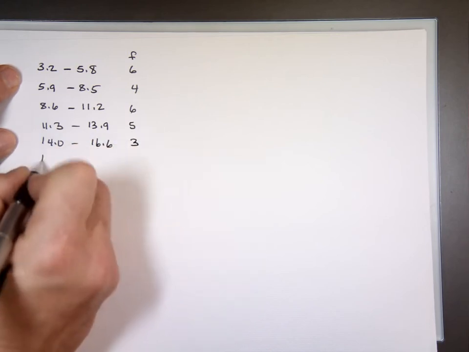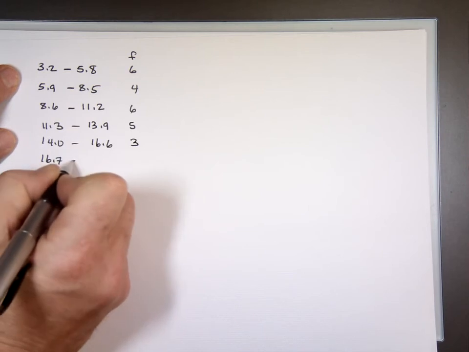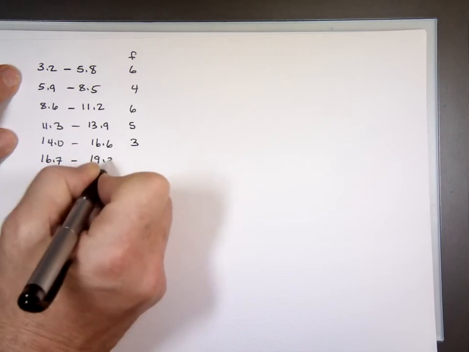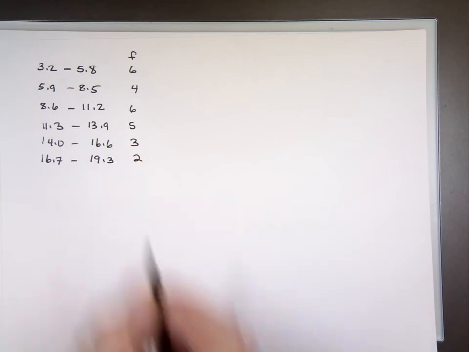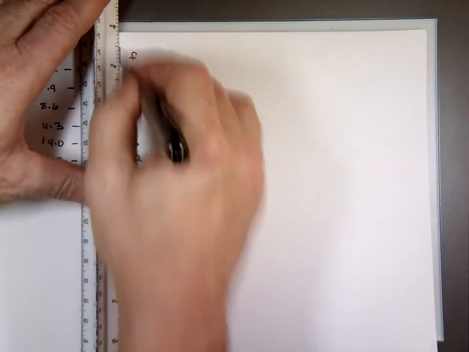And 16.7 to 19.3, we got 2 people. That was the table you gave me back. At least one of you gave me that table back. Maybe yours is different.